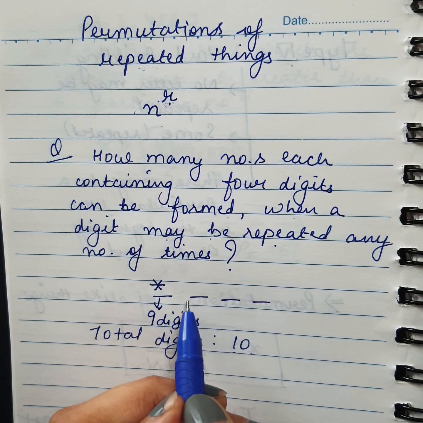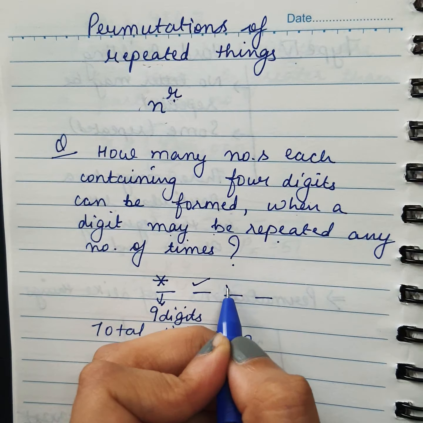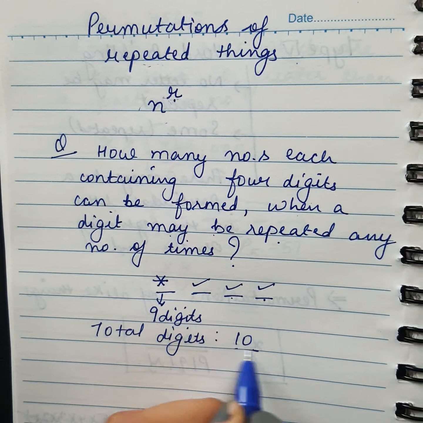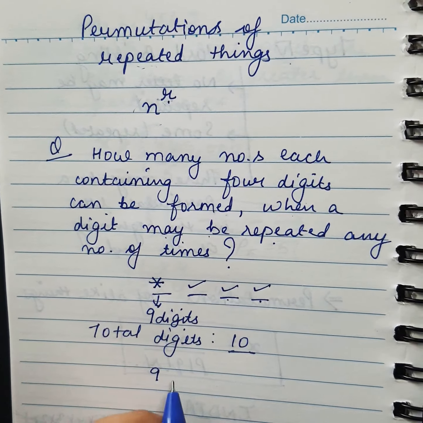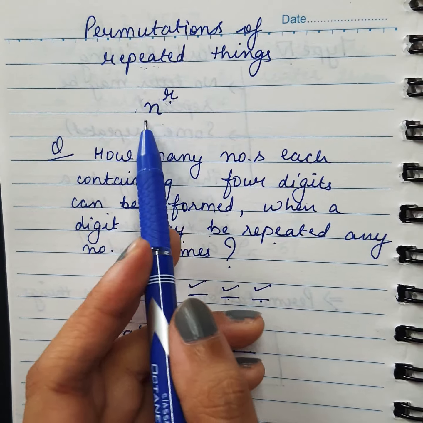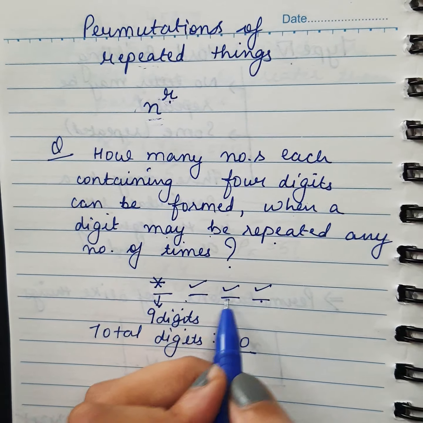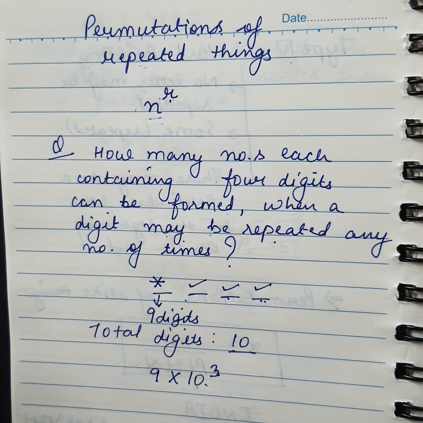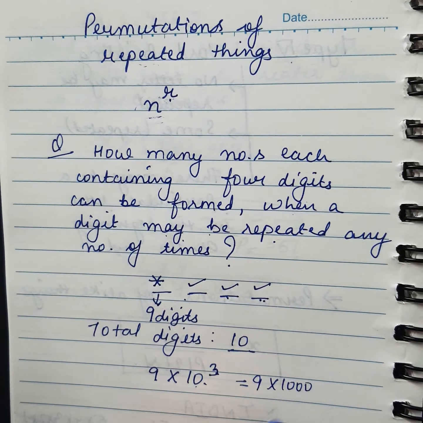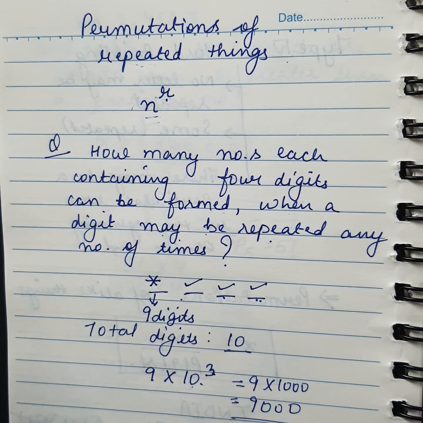And since it can be repeated any number of times, the other places can be filled in 10 ways, 10 ways, 10 ways. So there are 3 places that can be filled in 10 ways. So the final answer is 9 into 10 cube. So the repeated things means total number of things and the repetition; 3 times it is being repeated. So 9 into 1000. There are 9000 such numbers.